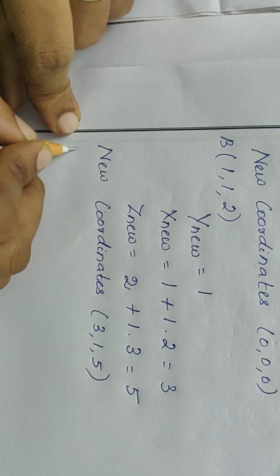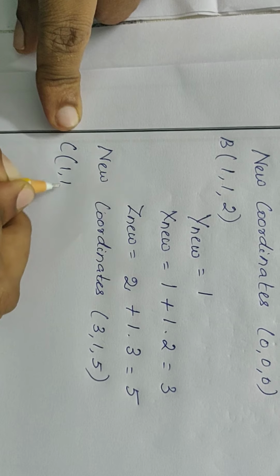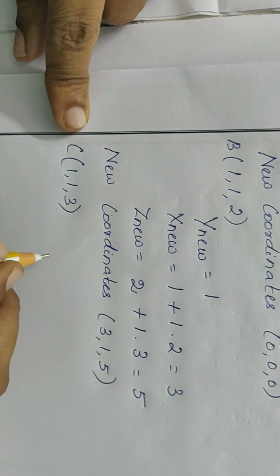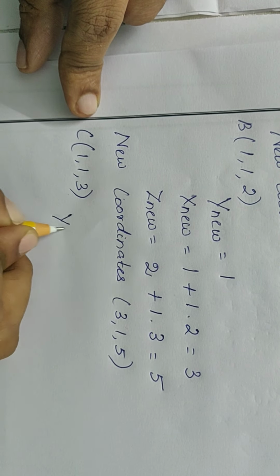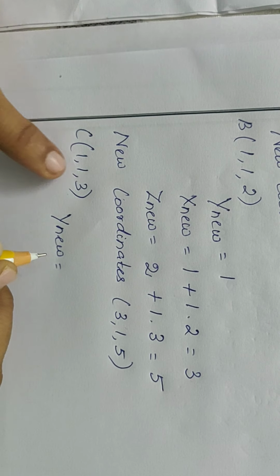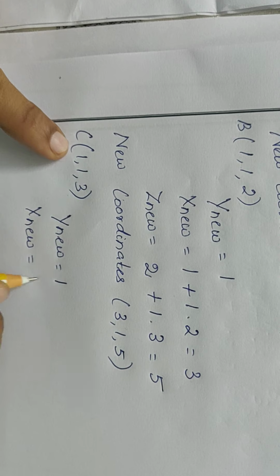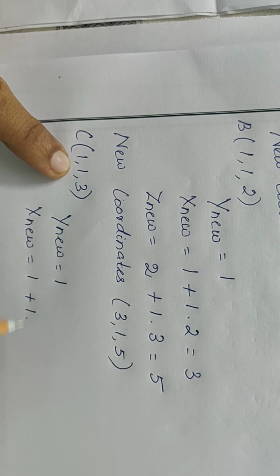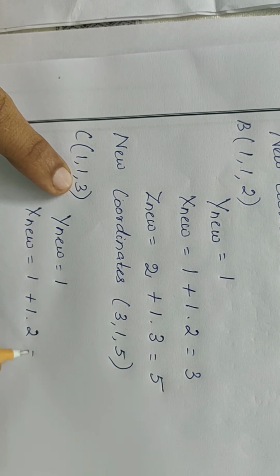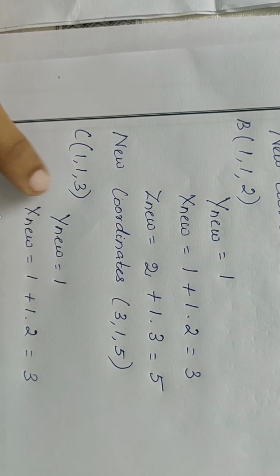Right? Next endpoint will be 1, 1, 3. So again, y new is equal to y old, which is 1. X new is equal to x old, 1, plus y old, 1, into shear factor along x axis, it is 2. Right? So it is 3.